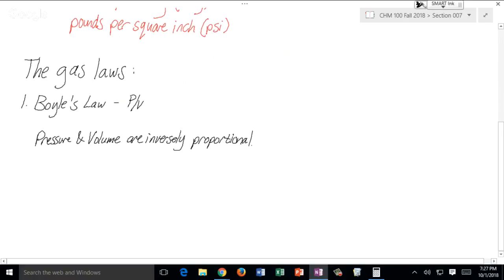So in the example that we did in there, as we decreased the pressure by sucking the air out of that container, we increased the volume. And that would work in any configuration that you can imagine of those. So any of the four possibilities. Raise one, the other lowers, lower one, the other raises, and then flip them.